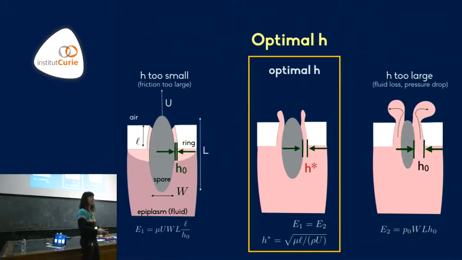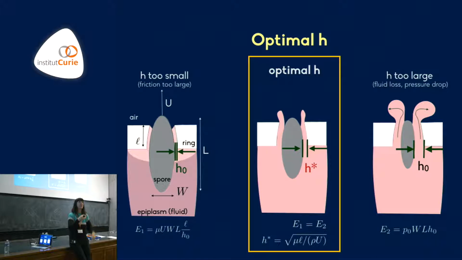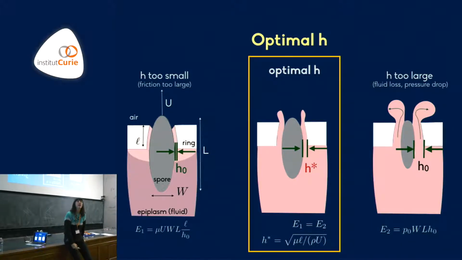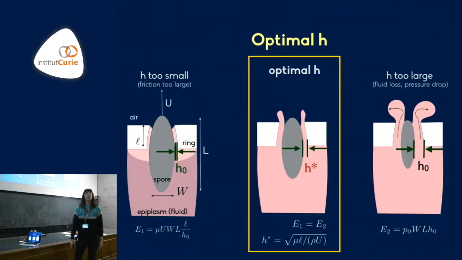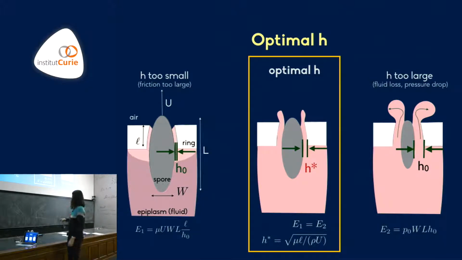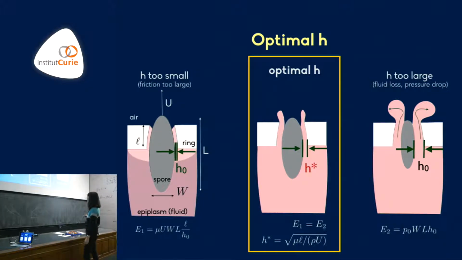But maybe that was the answer to the question, are we done? Yes, okay. So let's get back to the question that I posed. Yes? Doesn't it depend on the volume of the spore? Because if it's very big, then the pressure will get lower when it gets out. That's a very good point. It's hidden in here, in fact.